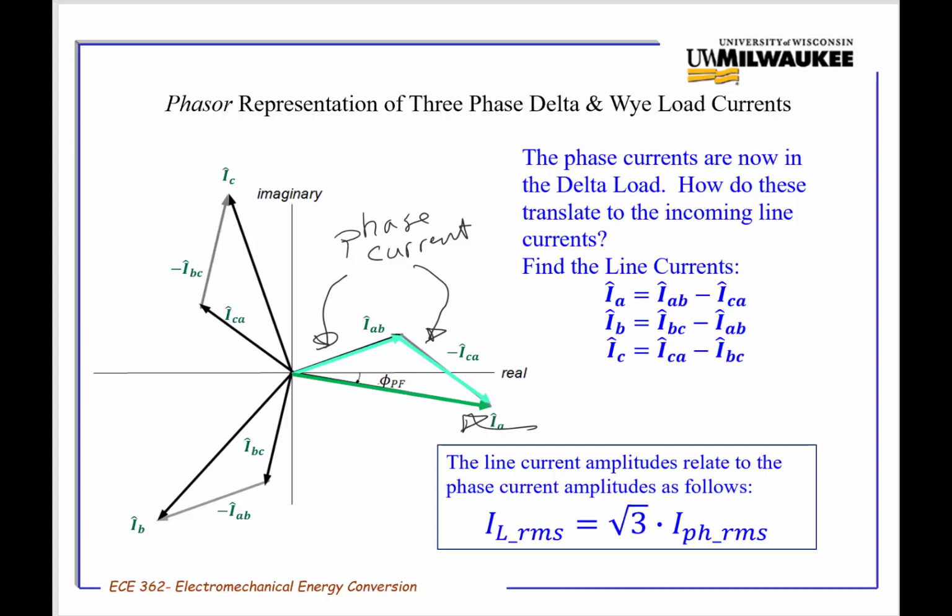You can go through all the trig and figure out that the line current ends up being of a greater magnitude than the phase current, I phase RMS, of the two balanced phases, and it is more than that phase current by this factor of square root of 3.